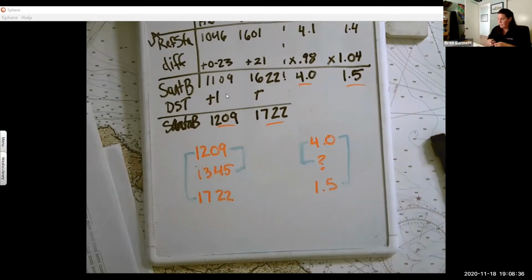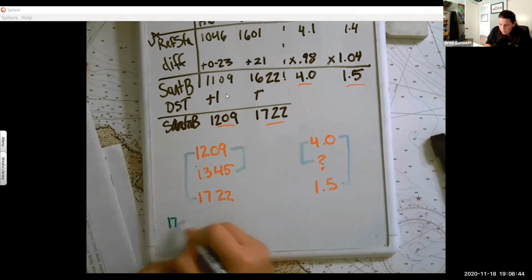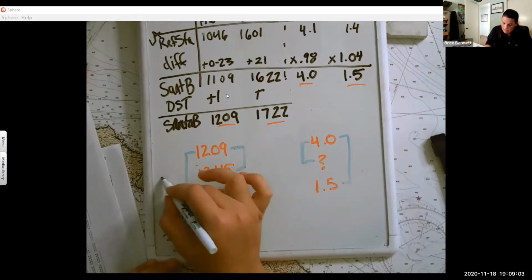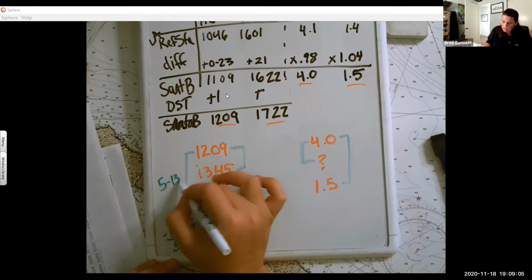So we need to do some math. We have 3, 13, and 5. So we have 5, 13.